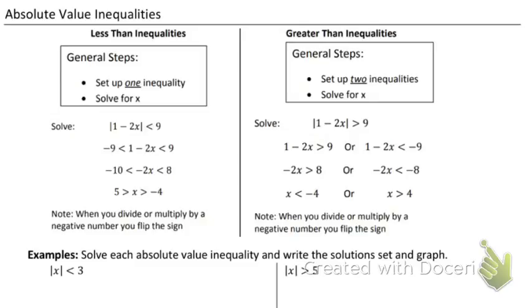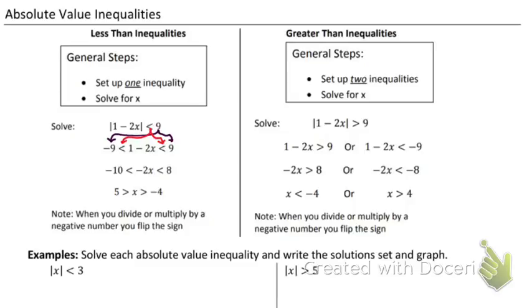So if it's less than, it is going to be an and statement. And in fact, we're going to set up one inequality. So as soon as you see the absolute value of 1 minus 2x is less than 9, you're going to drag that 9, and you're going to make it negative, and you're going to throw it in front. You're going to make it positive, and throw it right there. And then what you're going to do is you're going to keep this sign and throw it in those two places. So we keep it going the same direction.